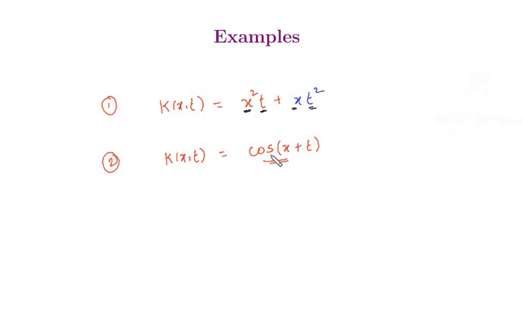Once we expand this using the formula of cos of (a plus b), you will see that this is a separable kernel. And the last one, say K(x,t) equals sin of (xt). Again, be careful. When you expand this as a series, it is an infinite series, so it cannot be written as a finite sum of products of two functions. So this is not an example of a separable kernel.